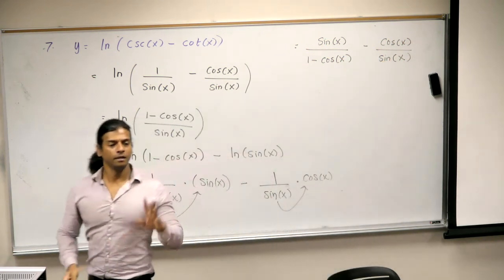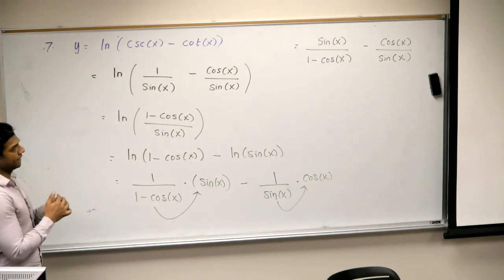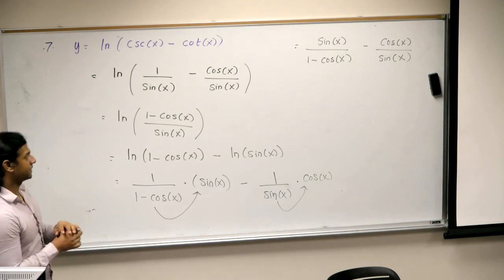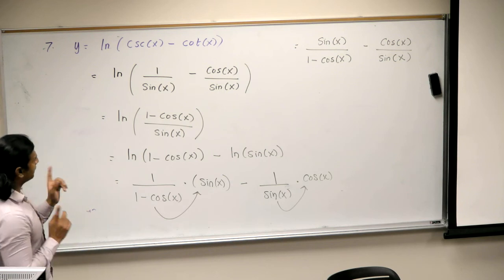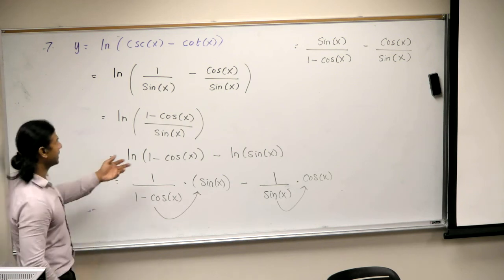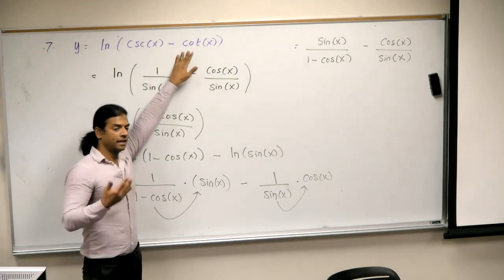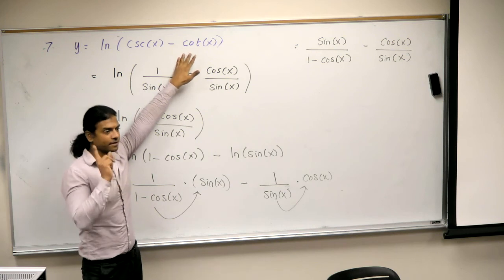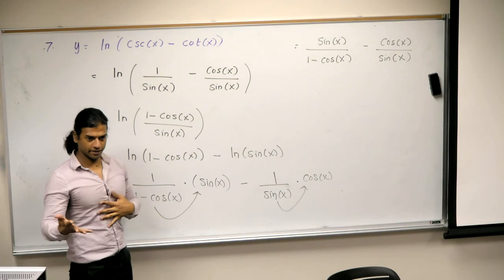I can take this further by manipulating the denominators, finding a common denominator, combining the numerators. But the purpose of this problem is to demonstrate that even if you had cosecant x, cotangent x, if the answers that you see are in sines and cosines, the first thing that you should do is convert to sines and cosines.